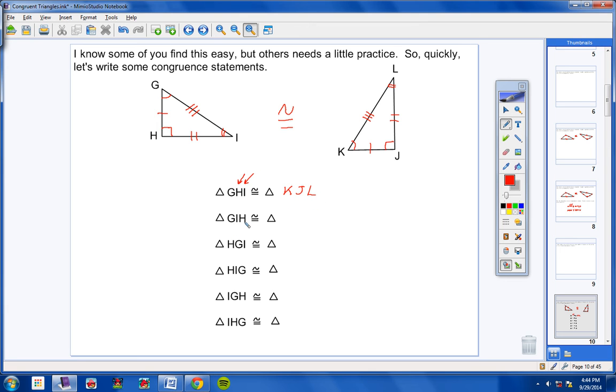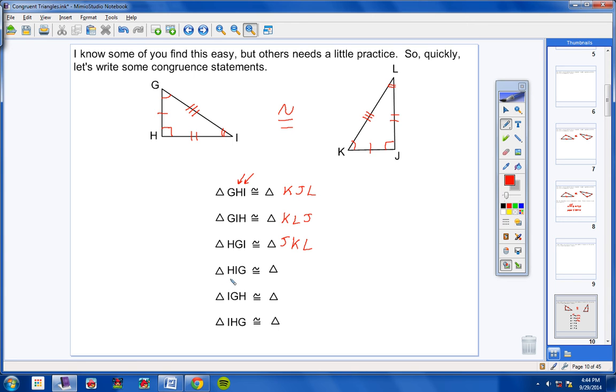Now, here we go. What if you wrote triangle GIH? Okay, well, G corresponds with K, I corresponds with L, and H corresponds with J. There it is. Okay, now, how about if I wrote triangle HGI? Okay, let's see. H corresponds with J, G corresponds with K, and I corresponds with L. There we go.